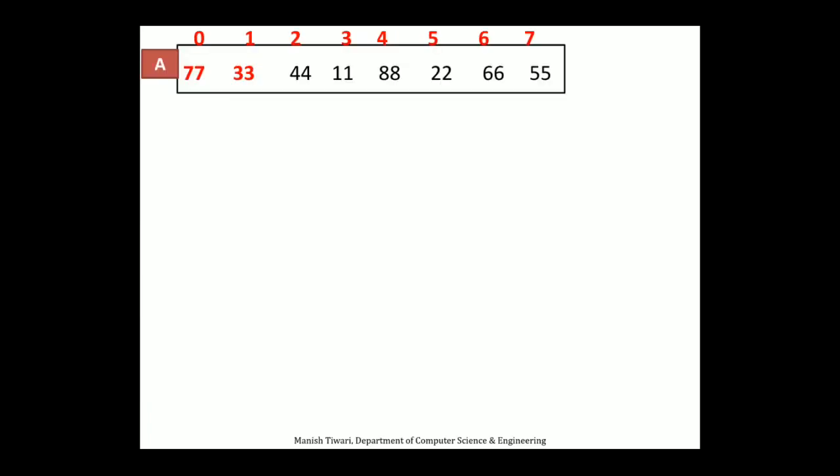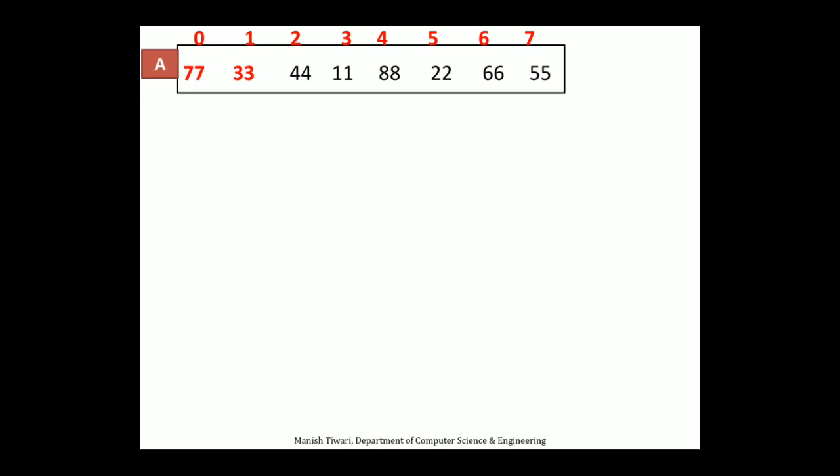Let's understand this more precisely. First we will compare the elements A0 and A1, and if they are not in correct order, we will swap them. Then we will compare A1 and A2, the next two elements, and if they are not in correct order, we will swap them too. Then we will compare A2 and A3, and again if they are not in correct order, we will swap them.